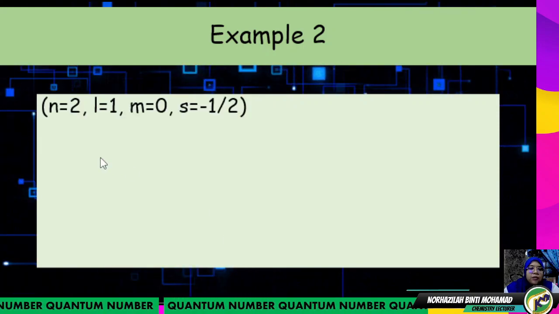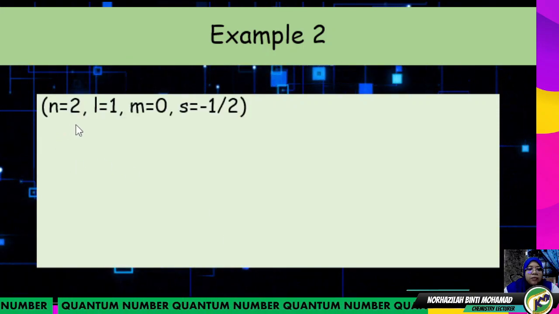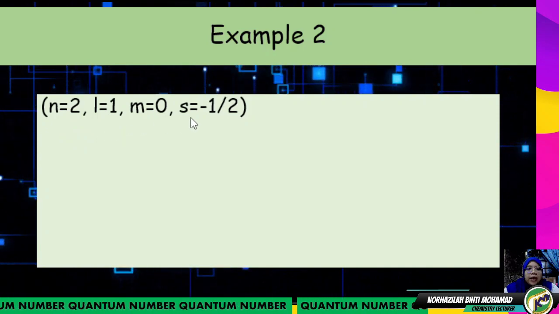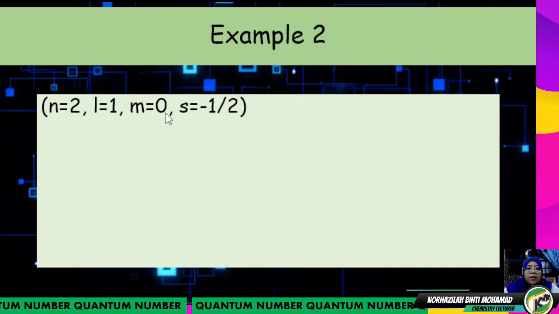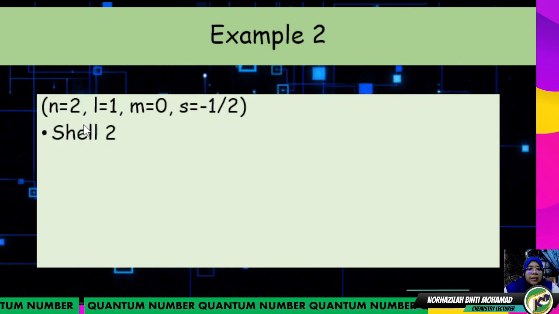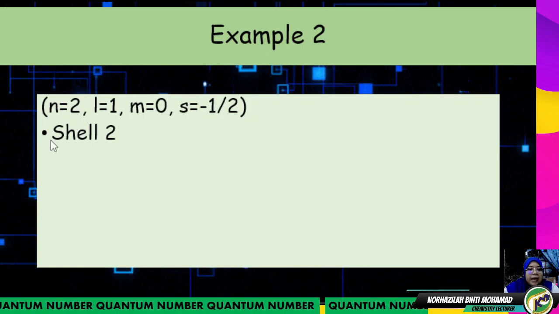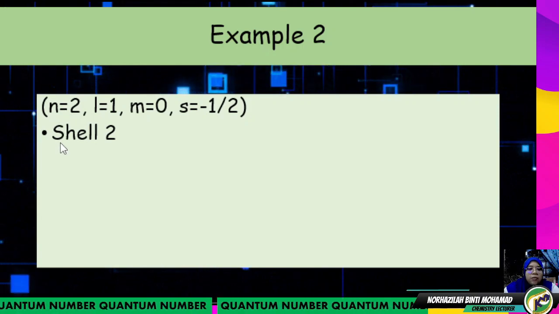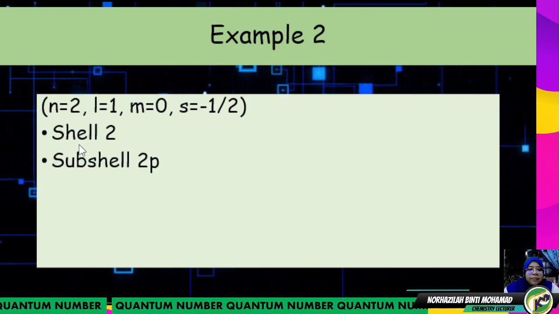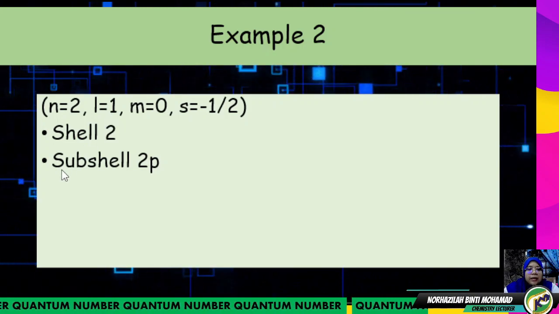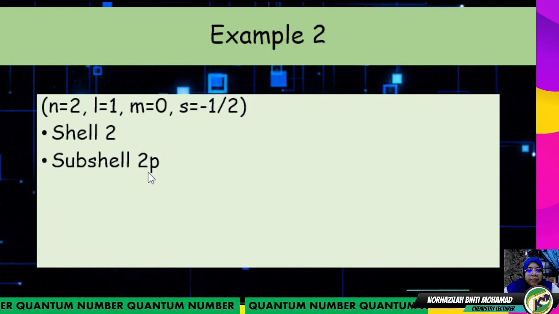Then we look at example 2. In this quantum number, I have n equals 2, L equals 1, m equals 0, s equals negative half. So what does it mean? N equals 2 shows us that the electron is located in shell 2. L equals 1 means that the electron is in subshell 2p.